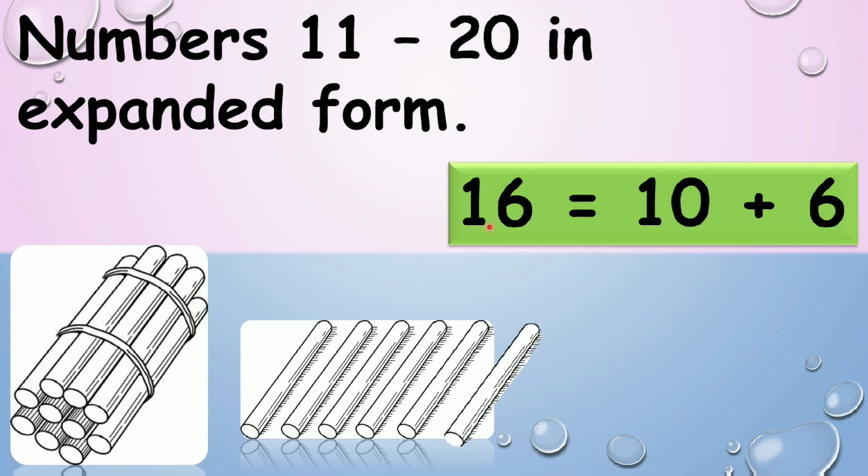This is writing numbers in expanded form, simply meaning carrying out addition with the double-digit number. But to do that, we applied tens and ones places to get this sum.